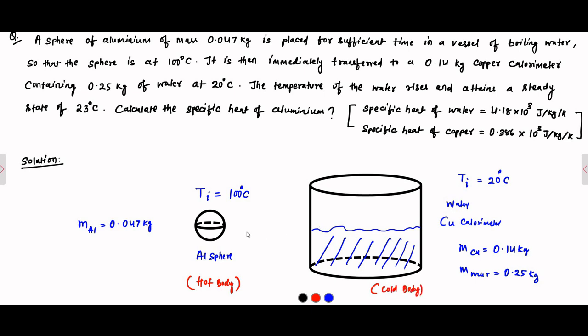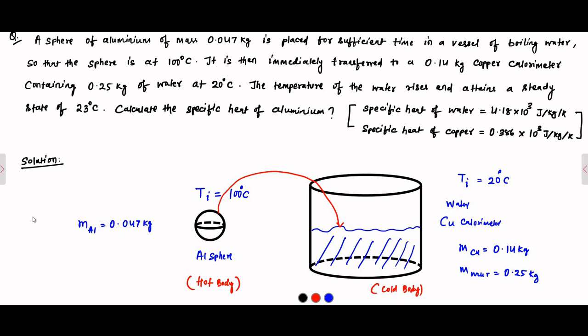When this sphere is put in the calorimeter, there will be loss of heat energy from the aluminium sphere, and heat energy will be gained by the water and copper calorimeter combination.